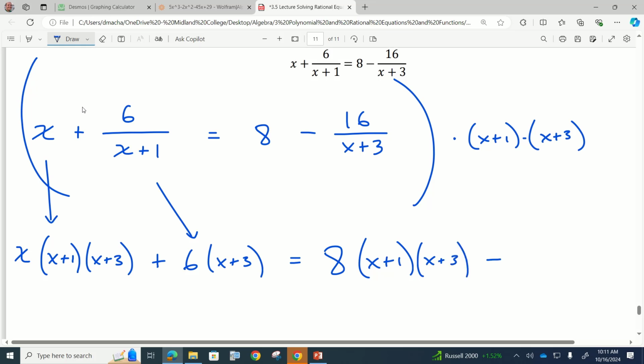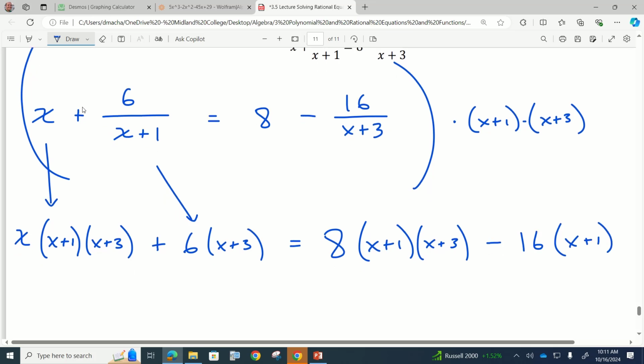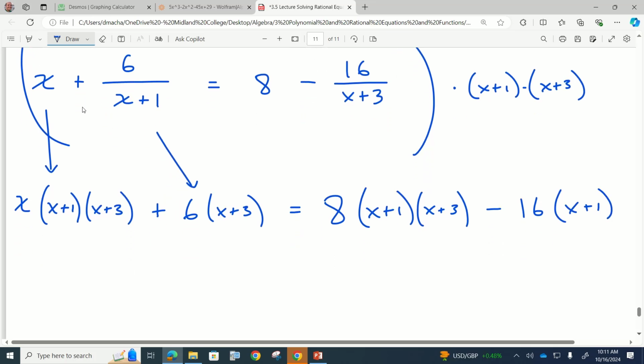X plus 1 times x plus 3 is going to be x squared plus 4x plus 3. And then I multiply by an extra little x.